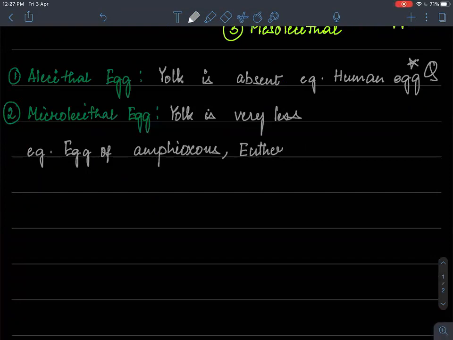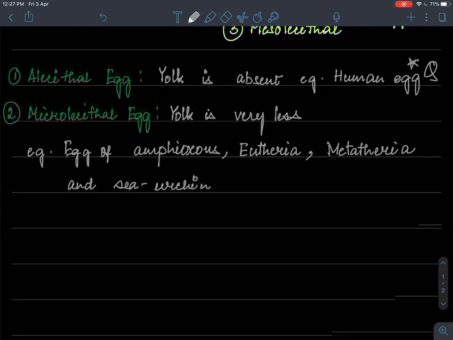Eutheria means true placental mammals. They do not have proper yolk because they do not require nourishment from the yolk. Metatheria, the pouched mammals, and sea urchin. These are all examples of microlecithal egg.